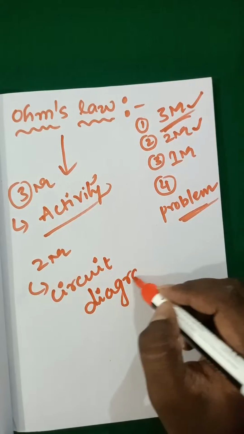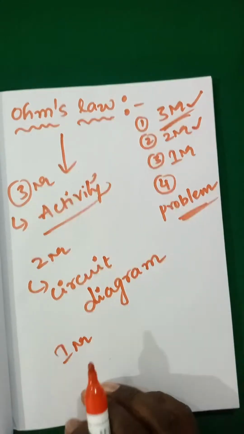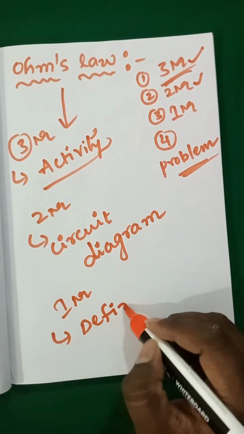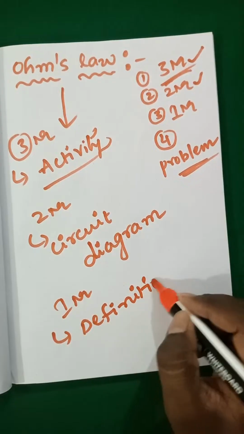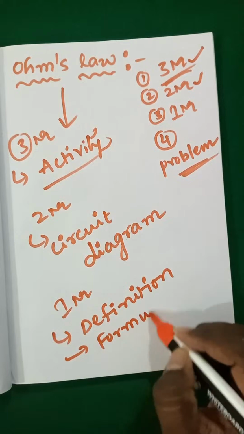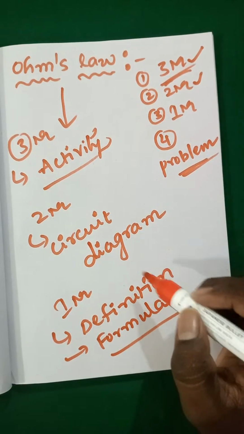So 3 marks, 2 marks questions, and 1 mark means definition. They will ask the definition, and they will ask the formula.